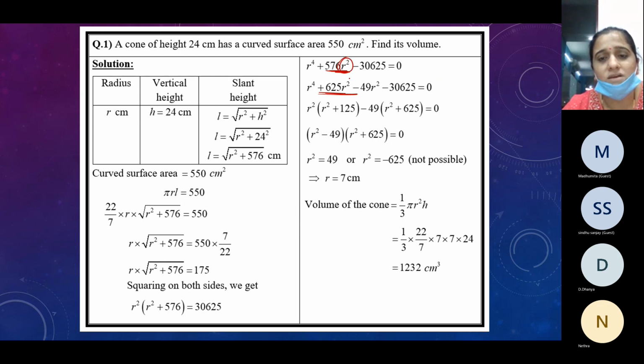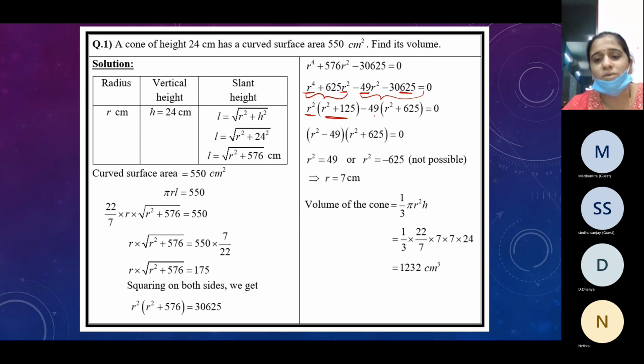You should write R square, not R, because the middle term is 576 R square. Then group the first two terms, group the last two terms. R square is common.